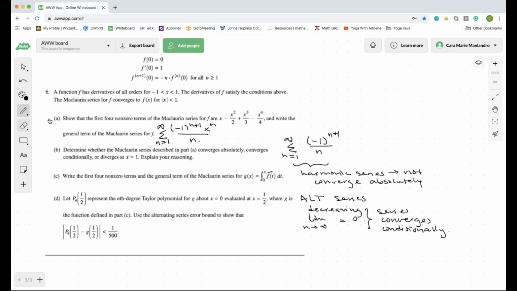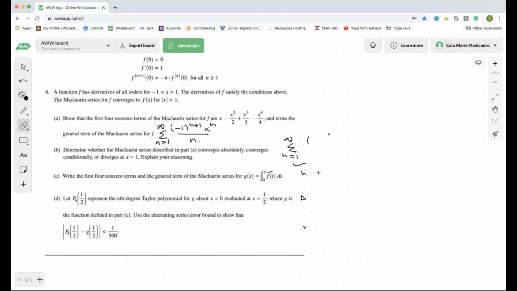All right, and then I just want to make sure we go over C. I'm fairly confident that D is not going to be on the exam, but we'll see. Okay. Write the first 4 non-zero terms and the general term. So we want to take the integral of our series.